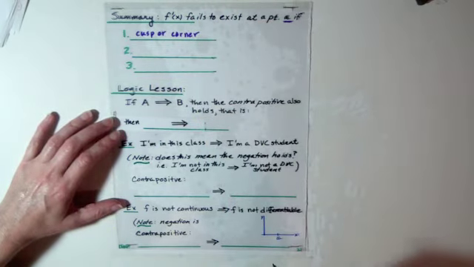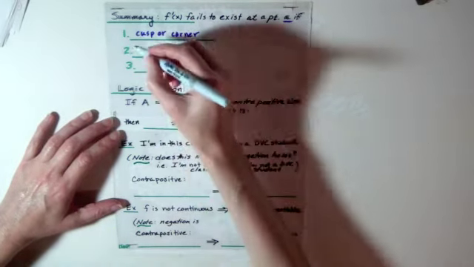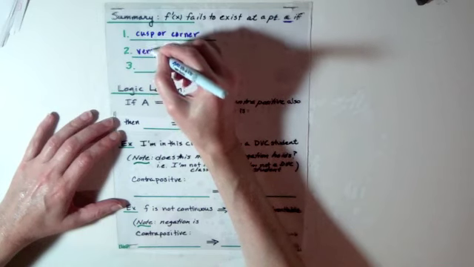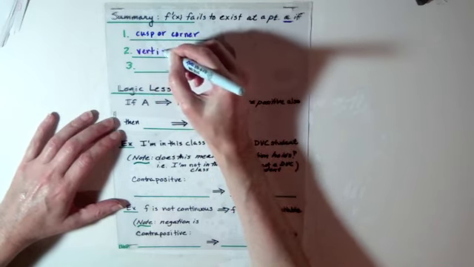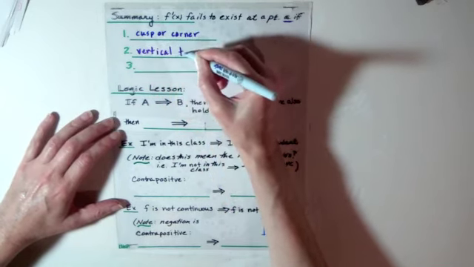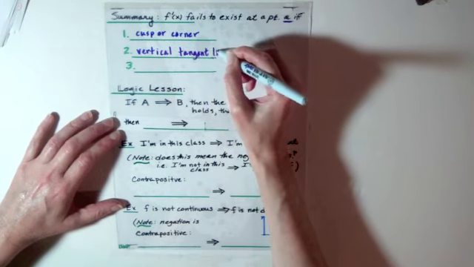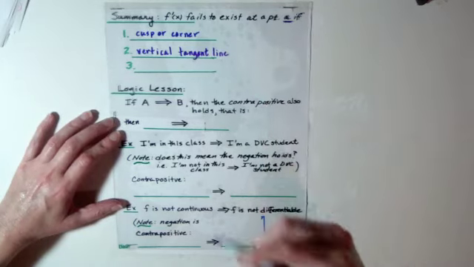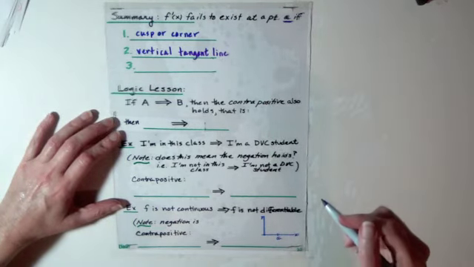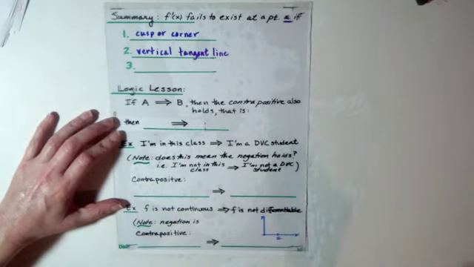The second place we talked about is if there is a vertical tangent line. So the tangent line exists, but unfortunately remember that the slope of the tangent line is undefined, and it's the slope of the tangent line that's equal to the derivative. So the derivative will be undefined.